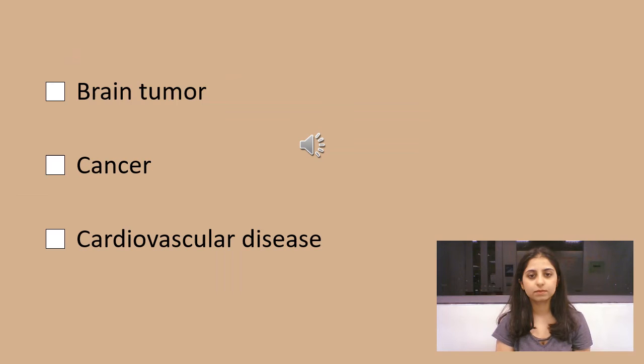Aside from prediction of brain tumor and cancer, GA can also be used to help in the diagnosis of cardiovascular diseases.